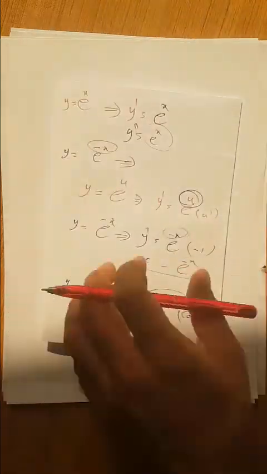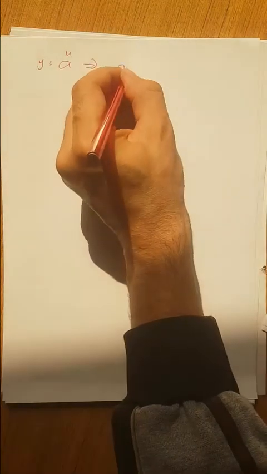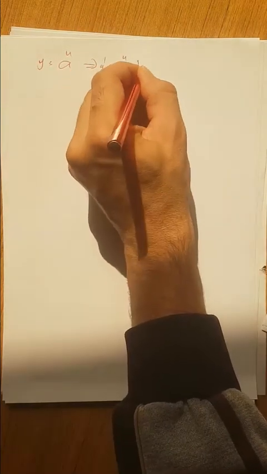How about if I have this in a general exponential? In case I have y equal to a to power u, so I'm going to say that for a to power u directly, y prime is equal to a to power u times ln of the base.